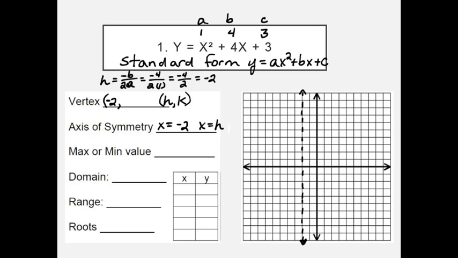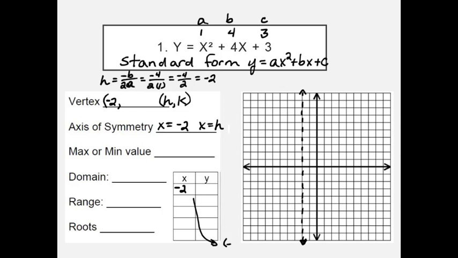Now, we have to figure out what the y value is. So anytime we want to figure out a y value, we plug it in. We can put our point here as -2, and then we just plug it into the form. So I'm going to go down here and use x squared plus 4x plus 3.